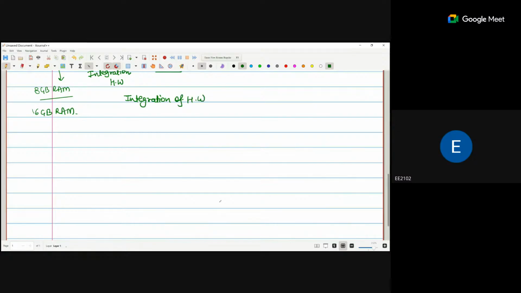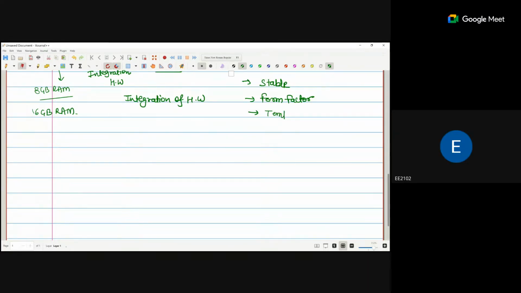Whereas if you are talking about performance, there are multiple parameters on the basis of which we analyze the performance. For example, first, the chip is stable or not. Second, what is the form factor? Third, the temperature.